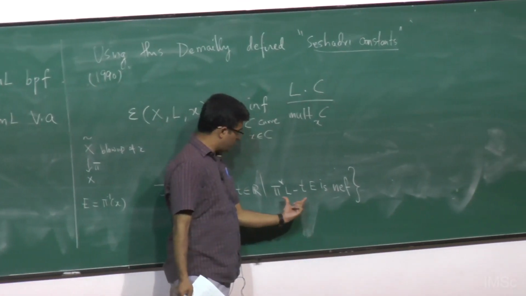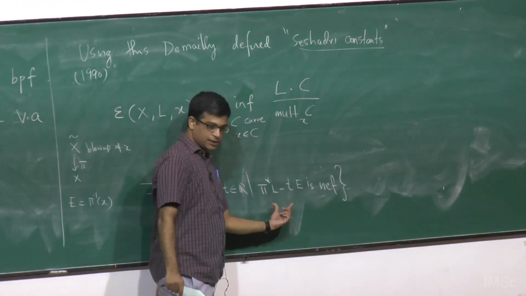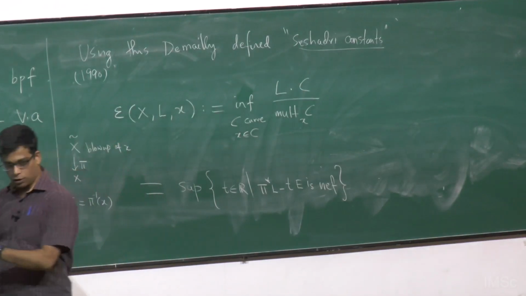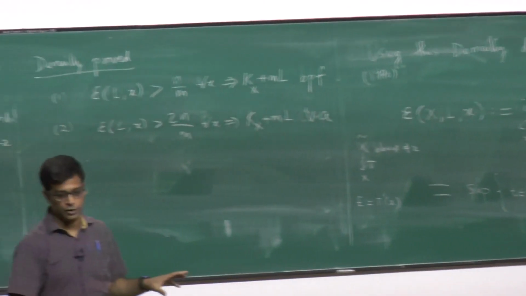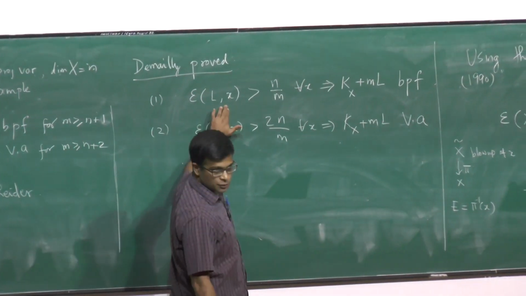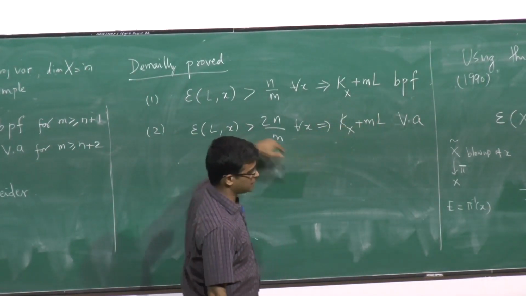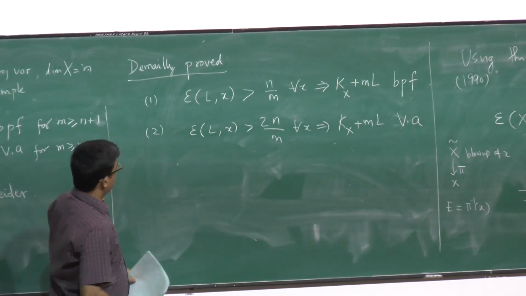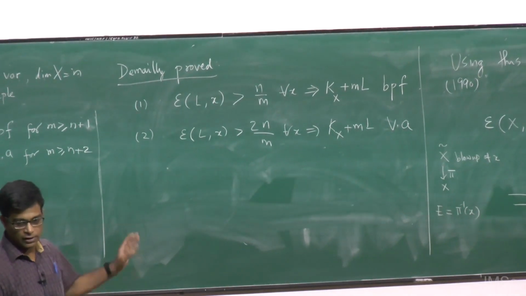If the Seshadri constant, because the interior of the nef cone is the ample cone, for anything slightly less than the supremum, this will in fact be ample. So that's what the H1 vanishing that needs to be proved will look like: K plus something which will be ample because of this assumption. And H1 vanishing will follow and you get the base point freeness. So this is a fairly straightforward observation. I think this is what people say is one of the motivations for him to define this.